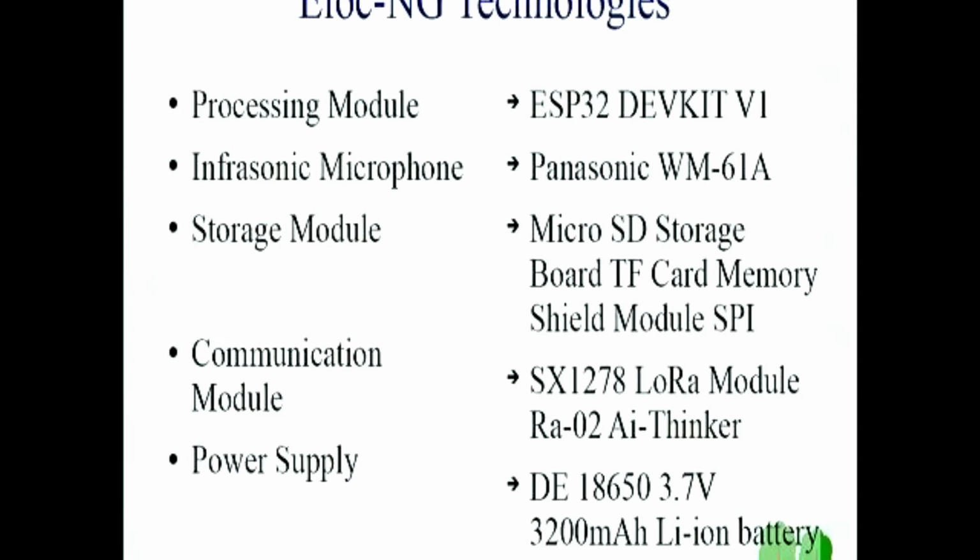The ESP32 uses really low power, so we chose this module for that reason. For the infrasonic microphone, we use the Panasonic WM61A because it is able to capture low frequencies very well. For storage, you can simply choose any storage module, such as micro SD cards. For communication, we use a LoRa module, and for power supply, Li-ion batteries.